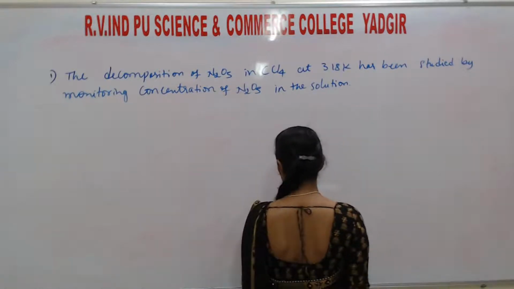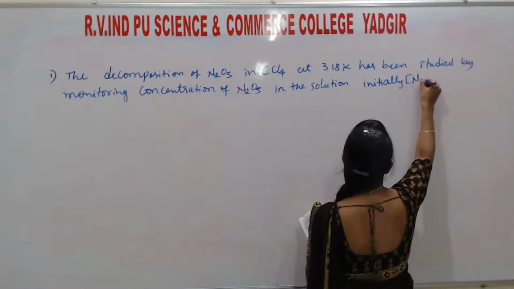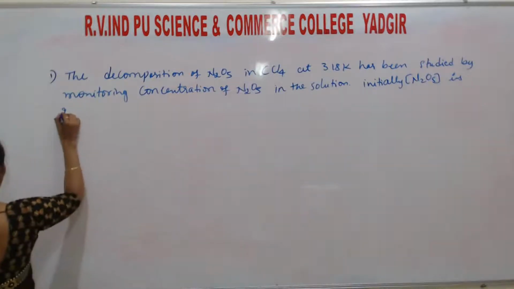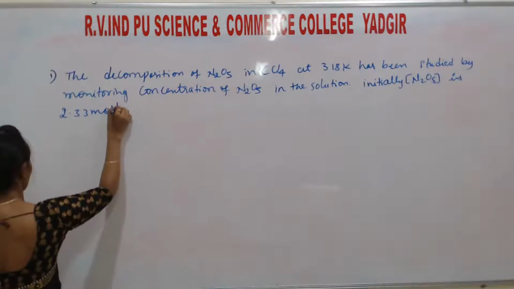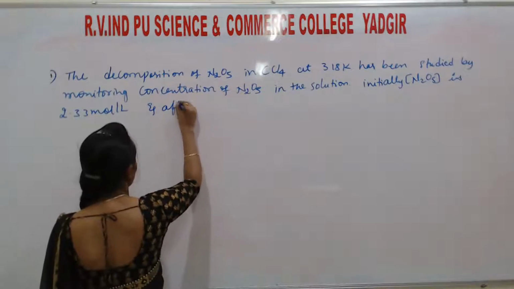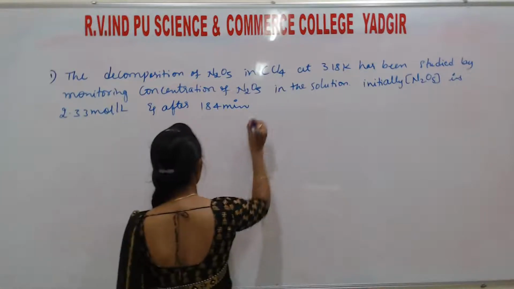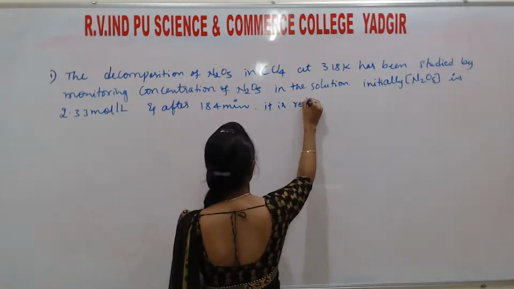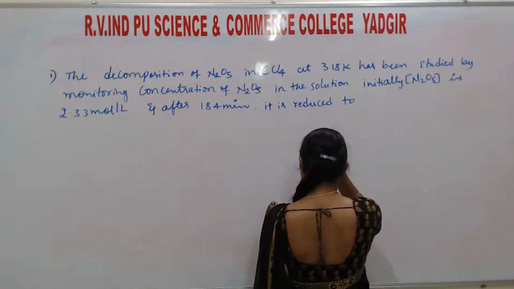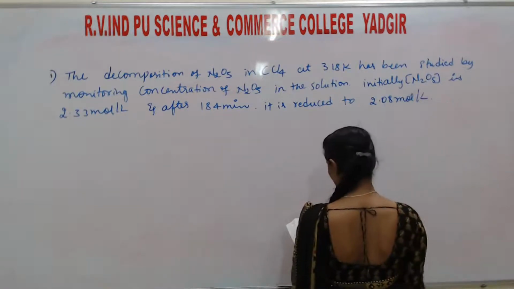Okay. Initially the concentration of N2O5 is 2.33 mole per liter, and after 184 minutes it is reduced to 2.08 mole per liter.